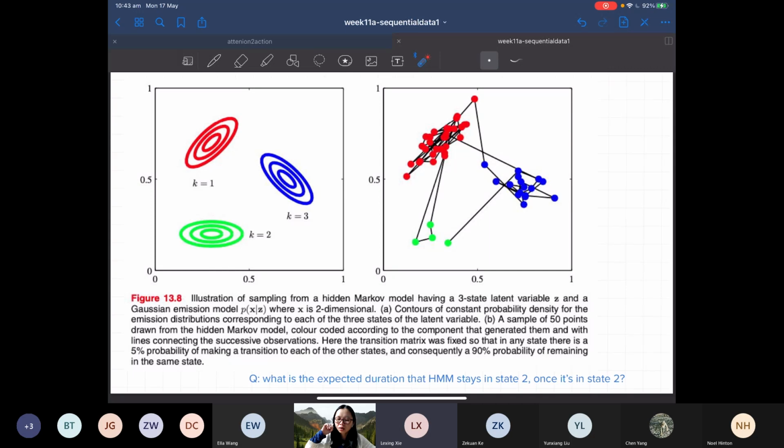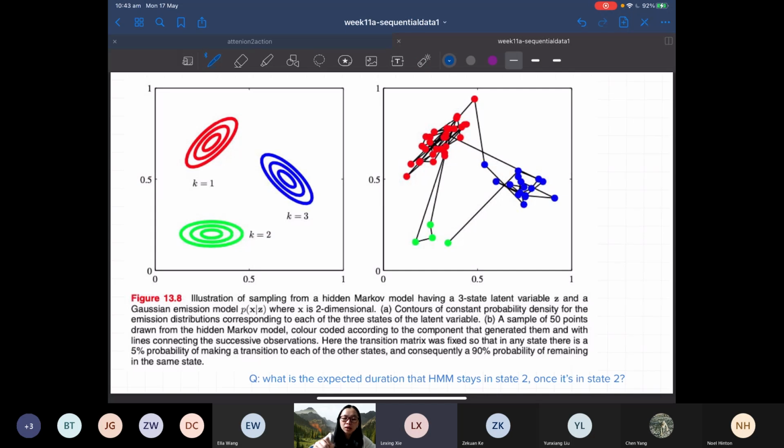There's another interesting exercise you could do: given this particular hidden Markov model, what is the expected duration that the HMM stays in state 2 once it's in state 2? So how long do we expect the HMM to stay in any given state?